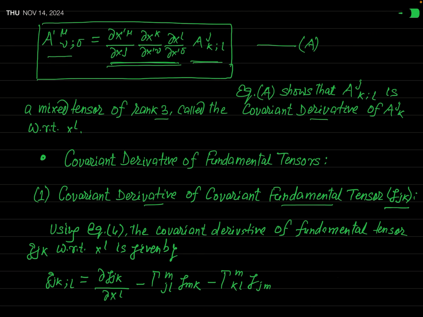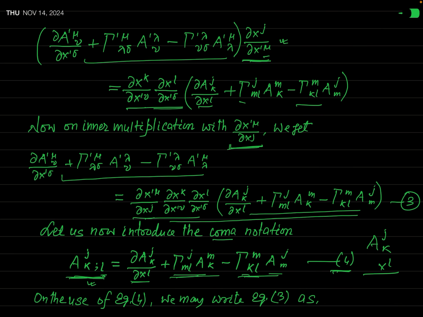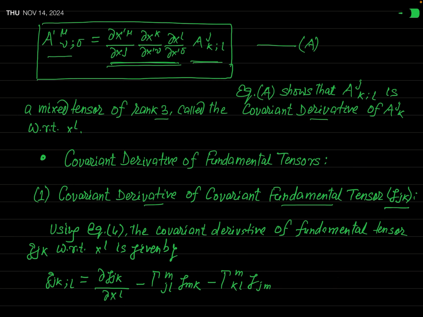In fact, on the basis of this equation 4, when this equation 4 is generalized, you can write GJK comma semicolon L. What does it mean? It means this is the covariant derivative of GJK with respect to XL. And how will it be defined on that basis?